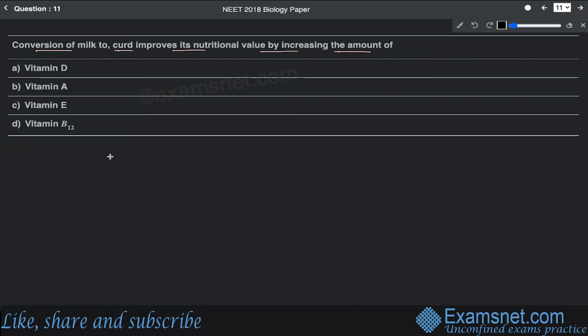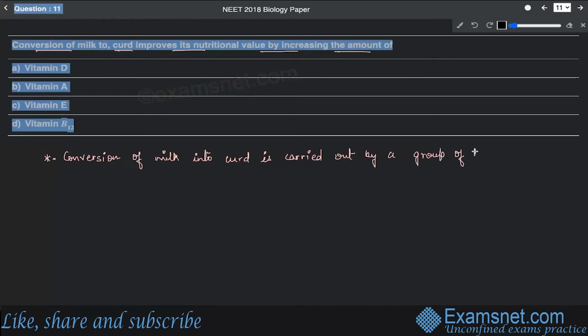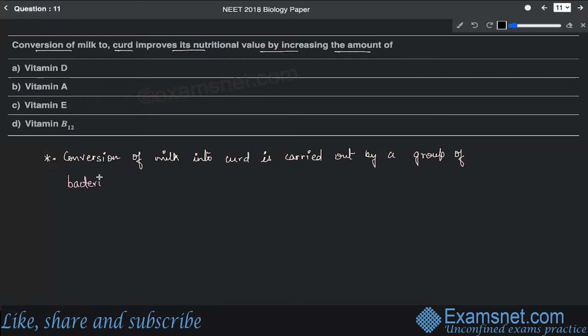So basically this process, the conversion of milk into curd, is carried out by a group of bacteria called lactic acid bacteria.